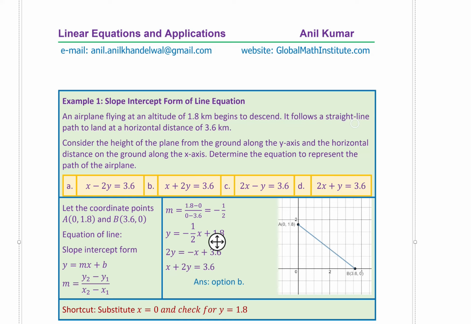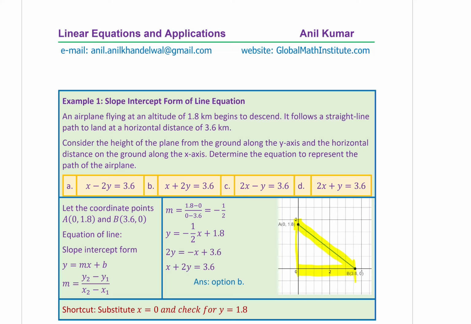It follows a straight line path to land at a horizontal distance of 3.6 kilometers. So here we have shown the altitude, taken along the y-axis, and the plane is descending and lands 3.6 kilometers away horizontally as shown here, correct? That is the situation.